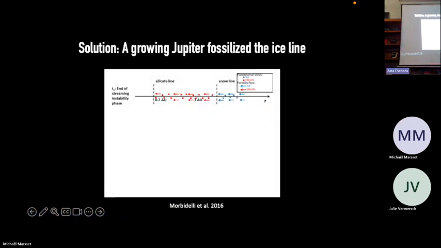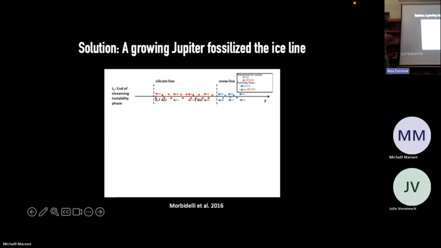And so the possible solution came from this very clever astronomer, Alessandro Morbidelli, an Italian astronomer working at this observatory, and he came up with this concept of the fossilized ice line. In the protoplanetary disk, you had pebbles, particles that are created.